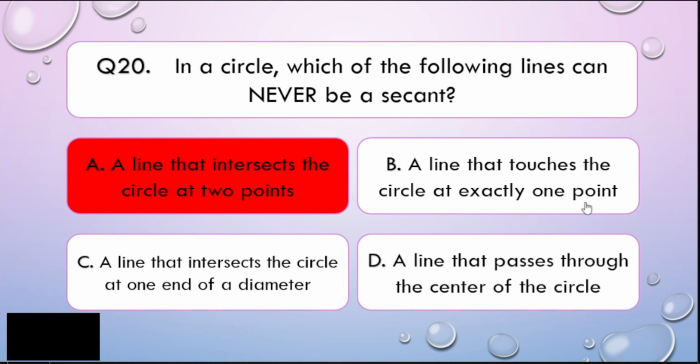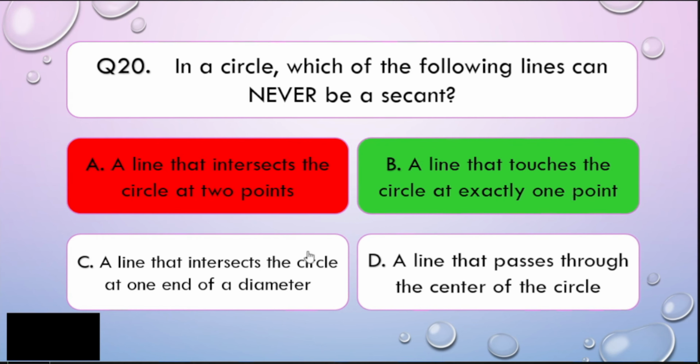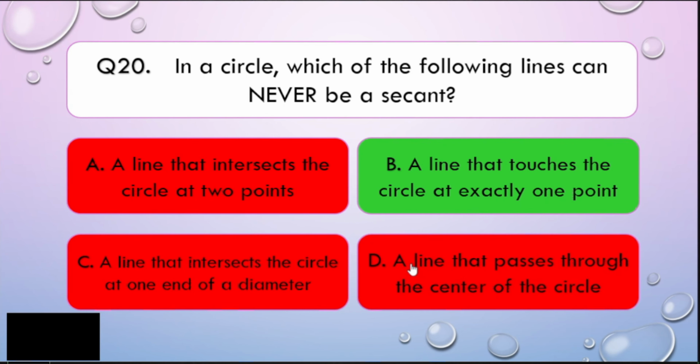Now that is another definition, and that is not a secant. What do you call that line? My dear math learners, that is what we call tangent, the thing that we already discussed in question number 19. So therefore, the correct answer for this question is letter B. Easy, right? Very easy, my dear math learners.